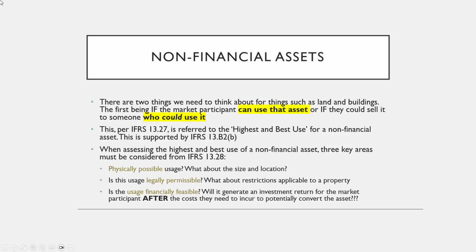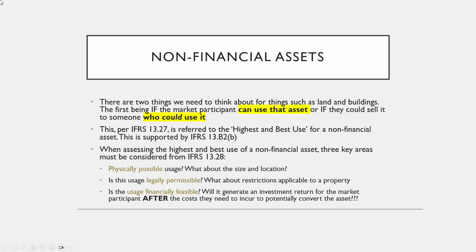So per IFRS 13.27, selling an asset to someone who could use it, or selling it to a market participant who could actually sell it, is referred to as the highest and best use for that non-financial asset. And as I said here, it's supported by IFRS 13.B2B.